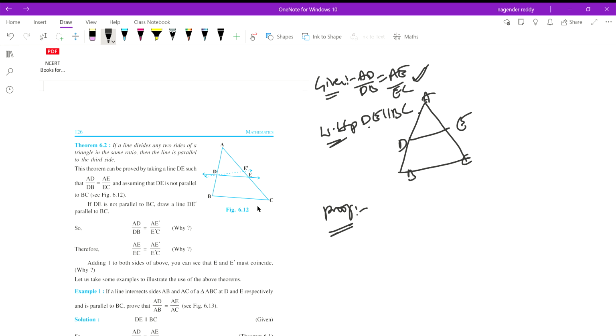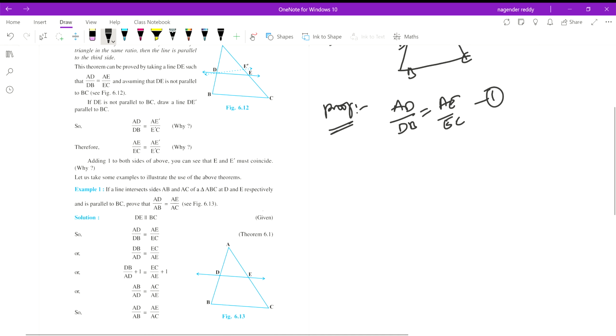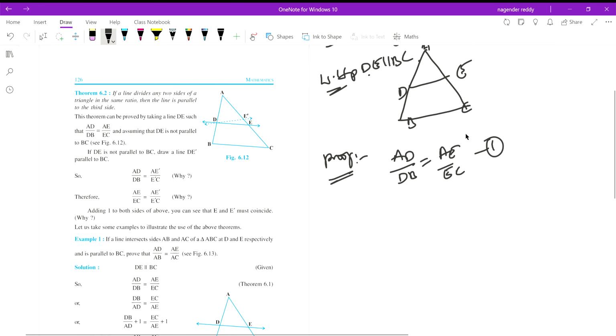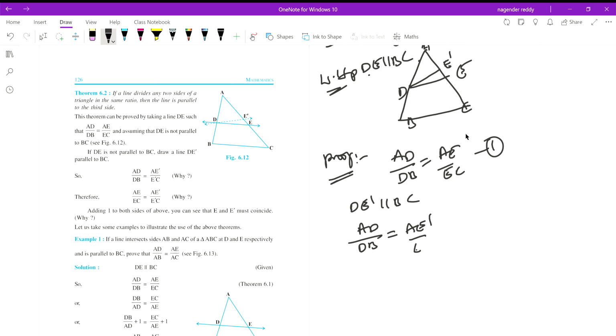Suppose that, since it is given that AD by DB is equal to AE by EC, consider this as one. Now you can observe, suppose DE is not parallel to BC. Suppose that DE dash is parallel to that. So if DE dash is parallel to BC, then we can write that AD by DB is equal to AE dash by E dash C. Consider this as equation number two.